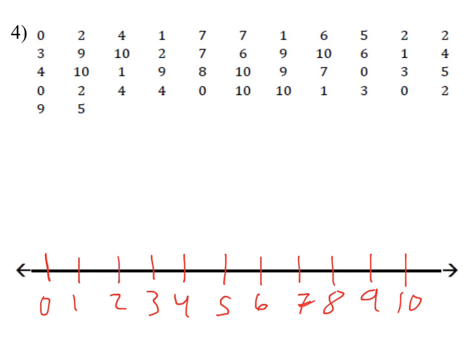Again, you have to figure out how many there are of each of the numbers, so just start counting them off. There's 5 zeros. There's 5 ones.